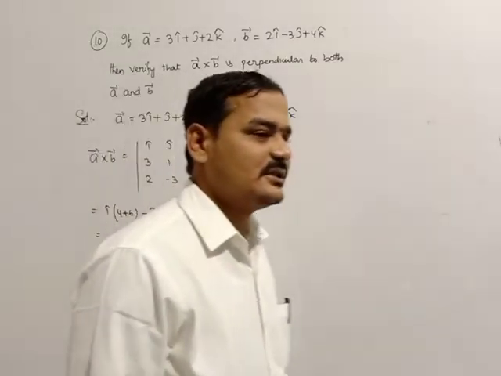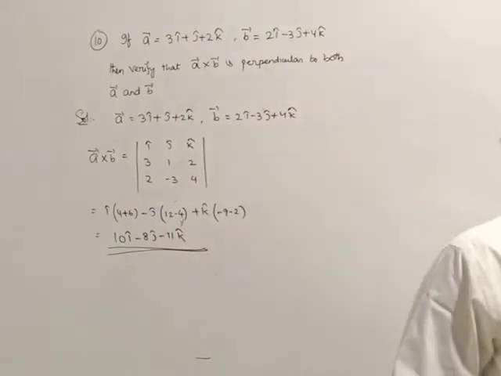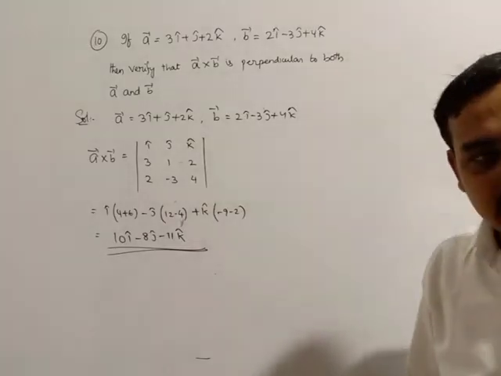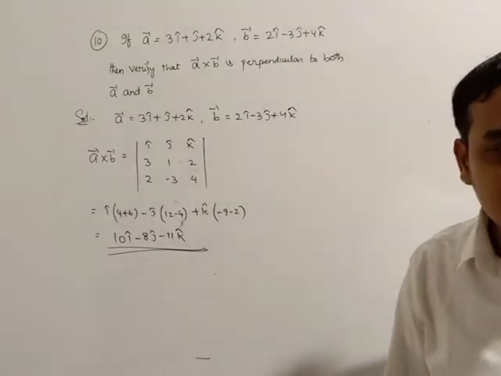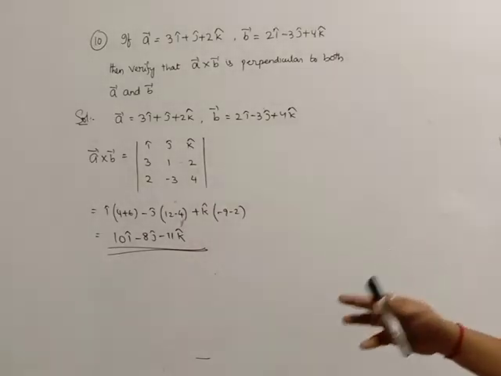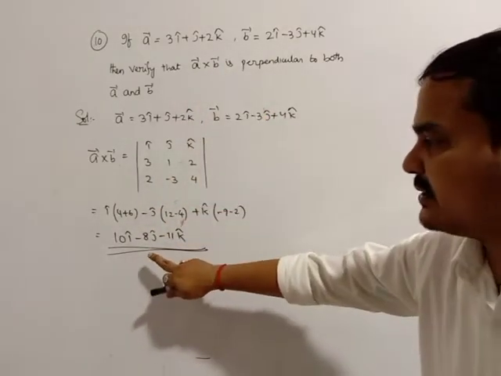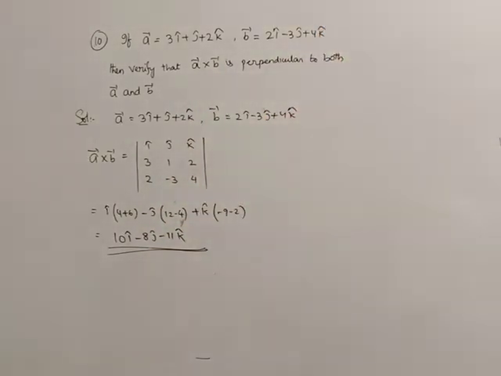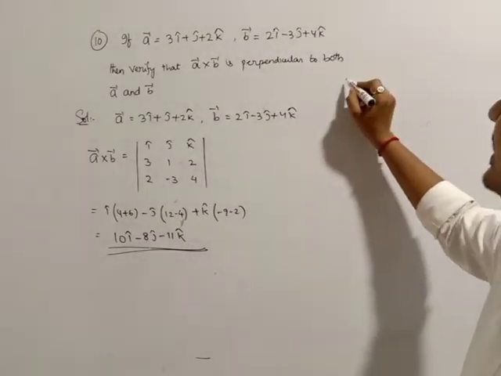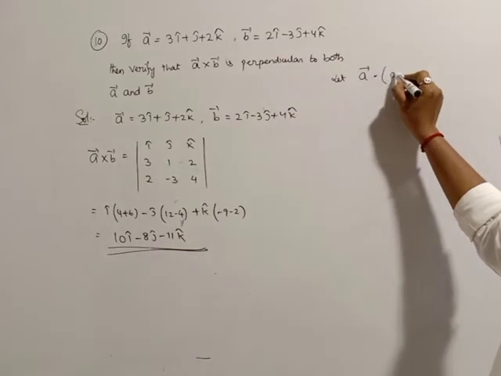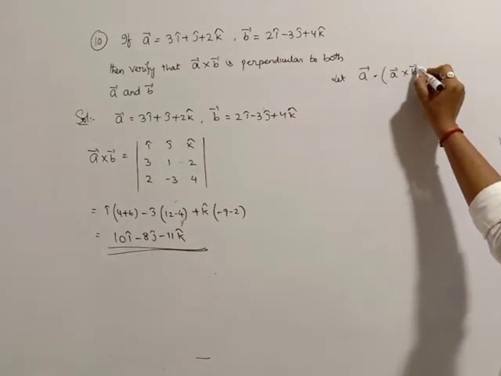Now we need to show that this vector is perpendicular to both a bar and b bar. So first, what is the meaning of the perpendicular condition? The dot product is 0. So now we are going to show that the dot product of this vector with a bar is 0 and the dot product of this vector with b bar is 0. First of all, consider a bar dot a bar cross b bar.